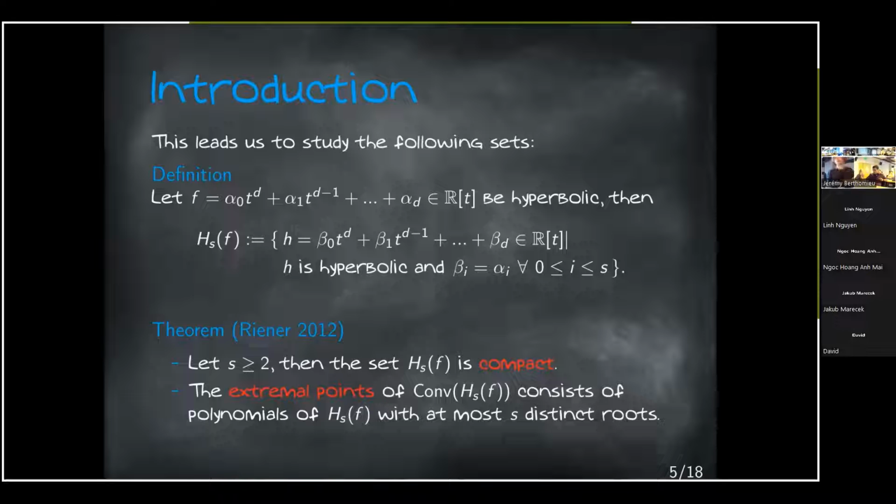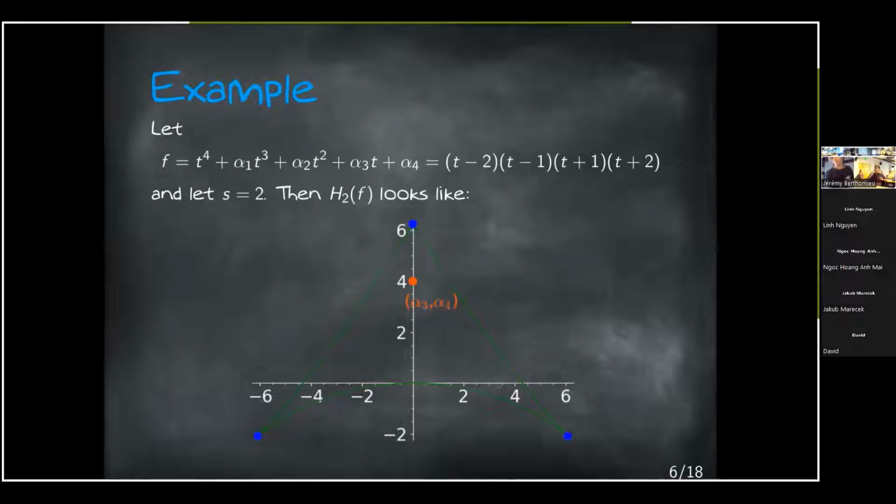We can take an example first, I think. So here we have some 4th degree polynomial with the roots you can see: 2, 1, -1, and -2. And we let s be equal to 2.